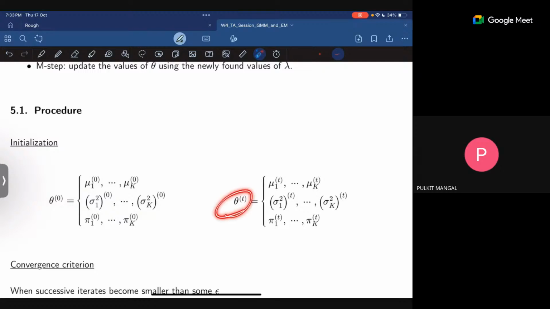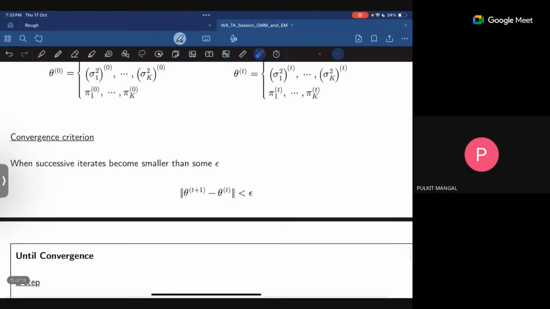At some iteration t, it will look like this, with your mu, sigma square, and prior probability. I hope the notation is clear to everyone.